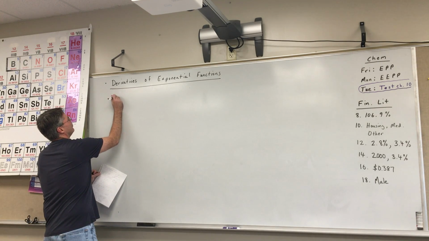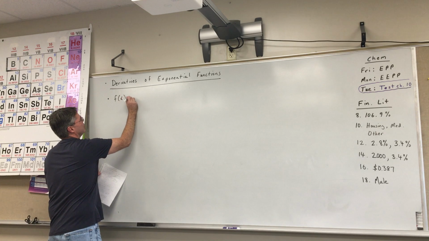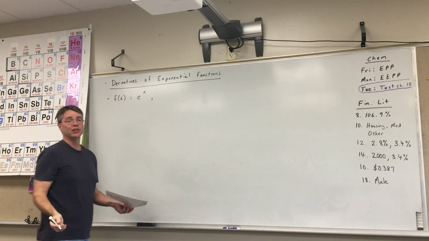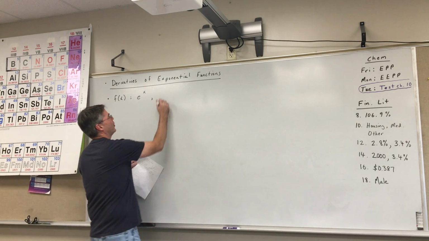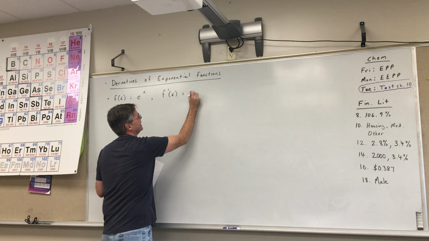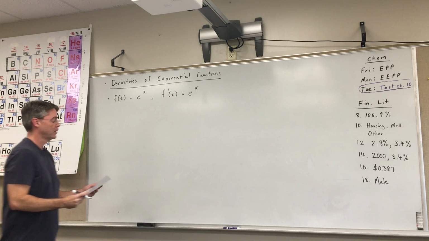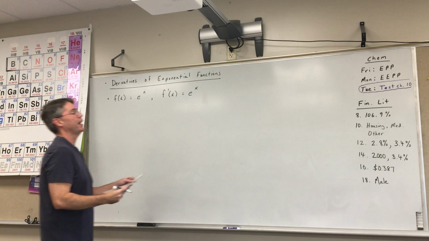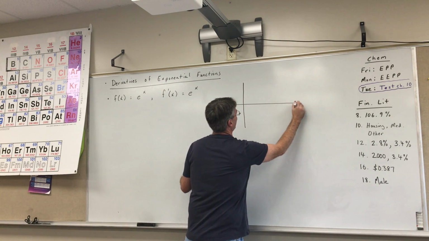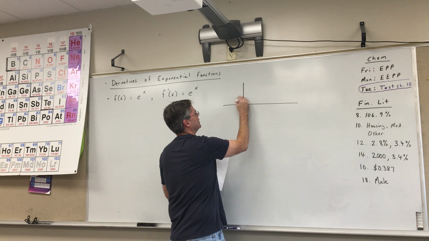So if we have f of x is equal to e to the x, the derivative of that is really easy. F prime of x is just e to the x. The reason for that, I can show, is because of the graph of y equals e to the x.